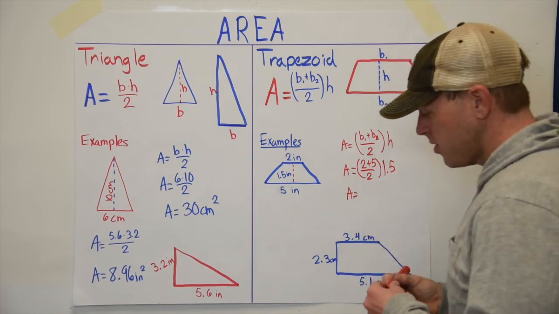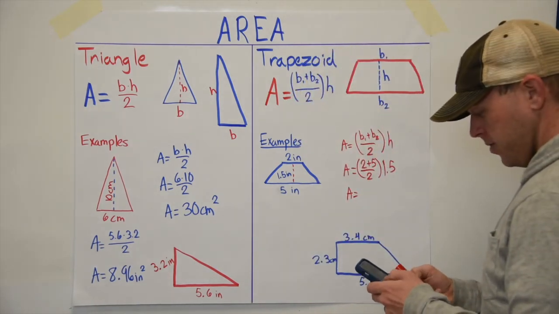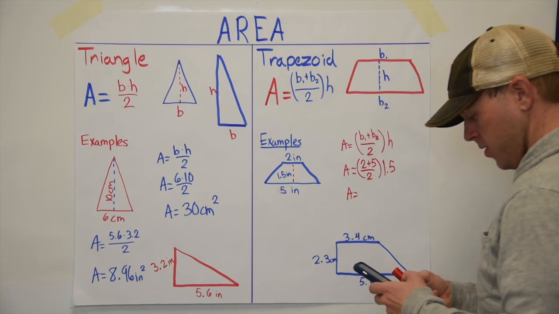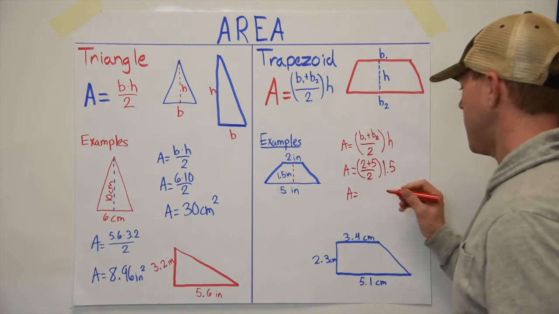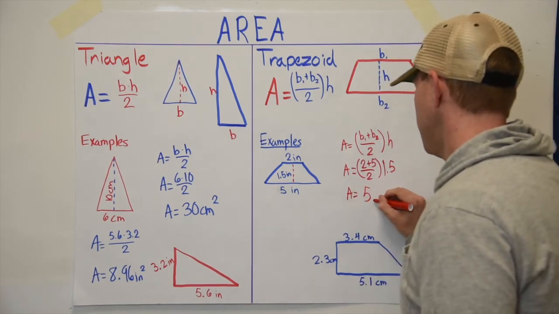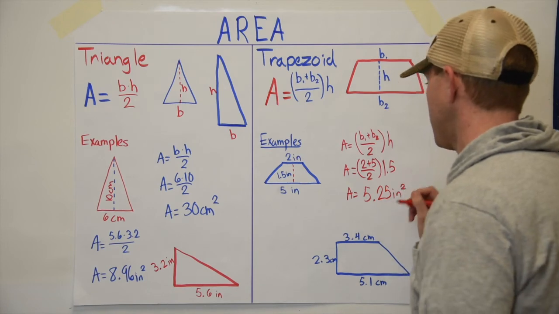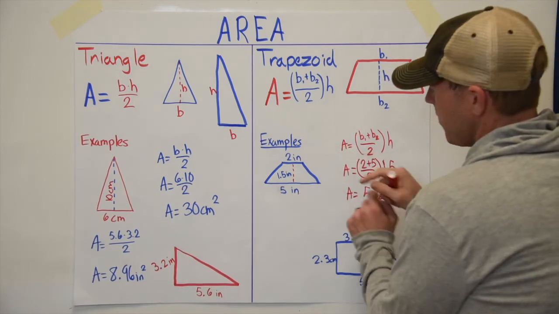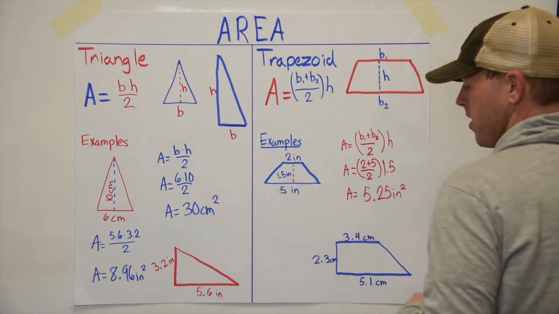All right, so we grab a calculator, we do a little math, so that'll be 3.5 times 1.5, and we get 5.25. So the area of this first one is 5.25 inches squared. So we're going over that real fast. Add the two bases, 2 plus 5, divide that by 2, and then multiply by our height.